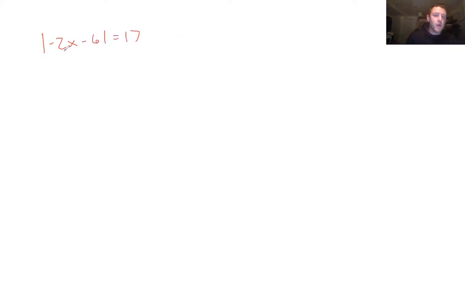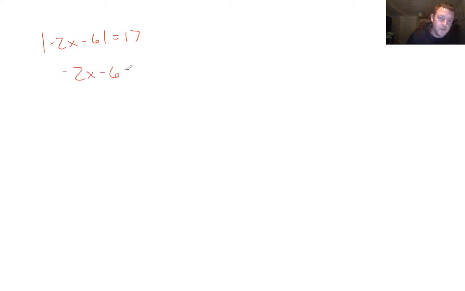Well, think about what could be in here. It could be 17, because the absolute value of 17 would equal 17, or it could be -17 because the absolute value of -17 would equal 17.